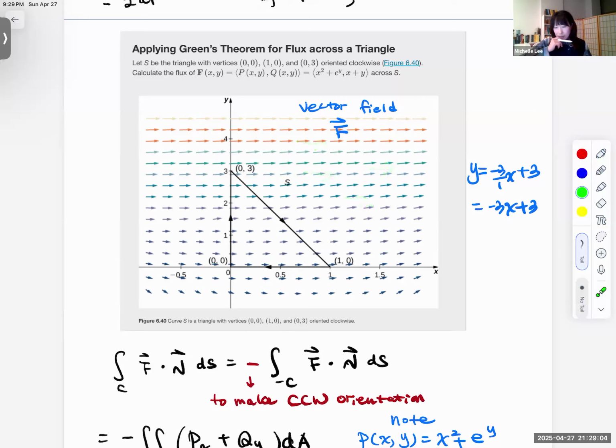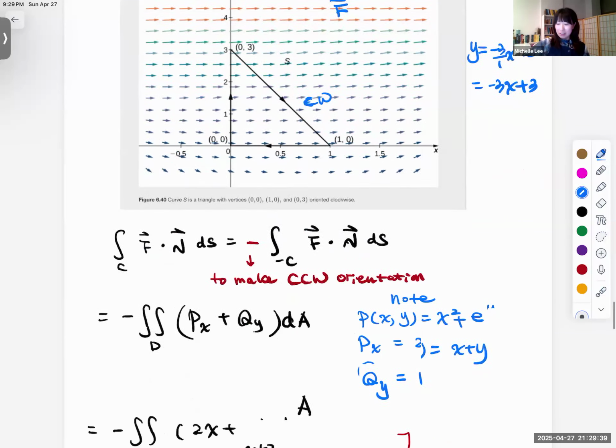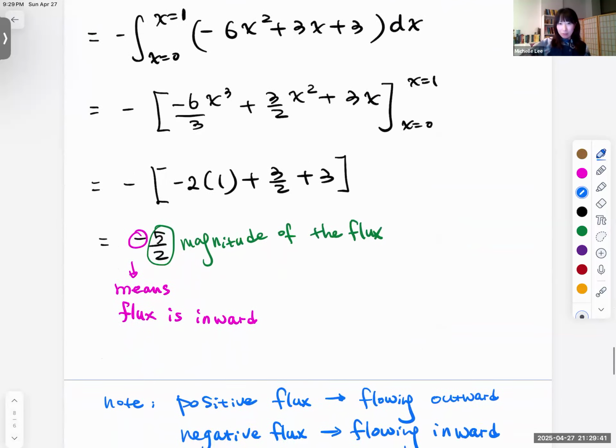It doesn't matter whether the vector field goes outward, because the orientation of the curve is clockwise. This clockwise orientation makes the normal vector point inward, so that the flow goes inward too, because we get the negative flux. Does the conclusion make sense?